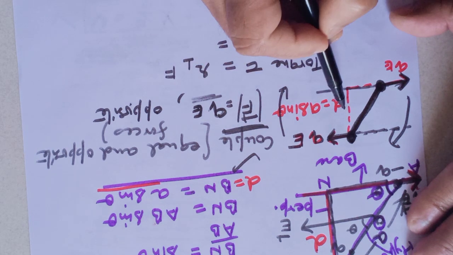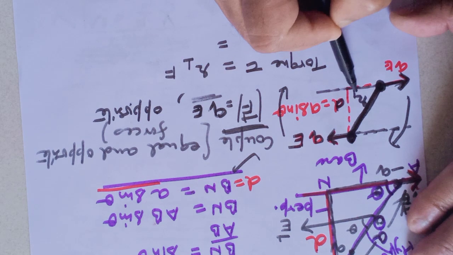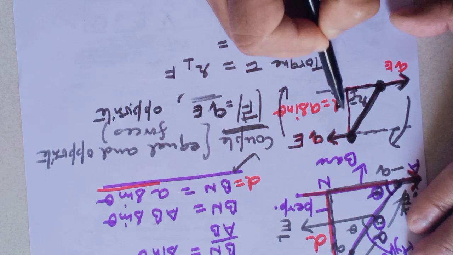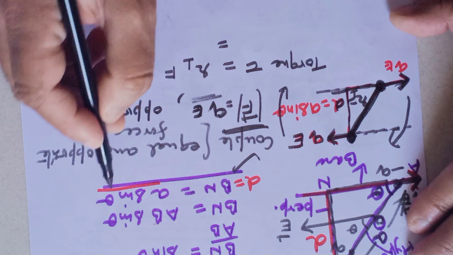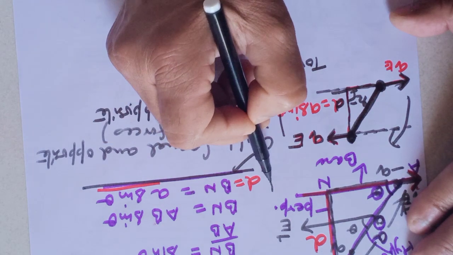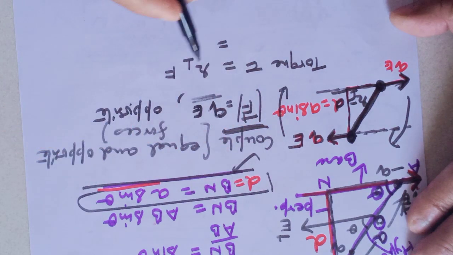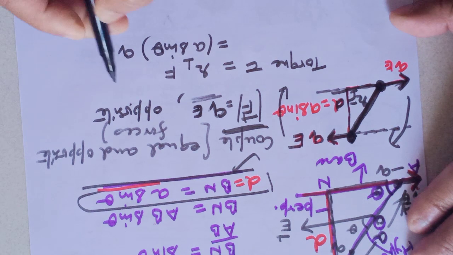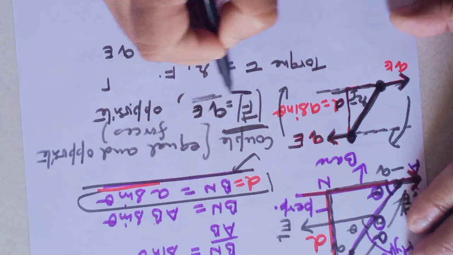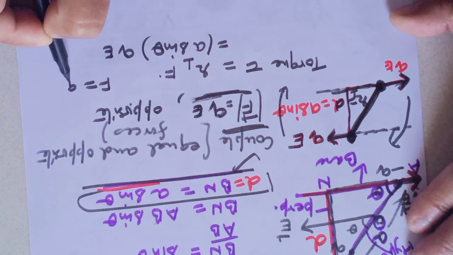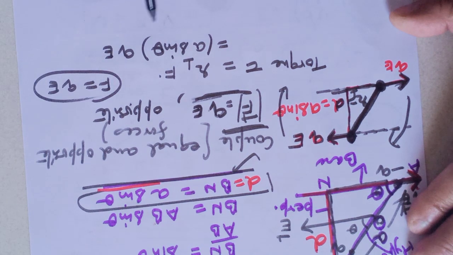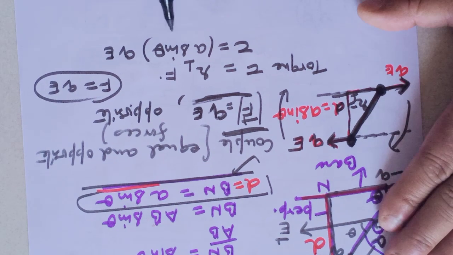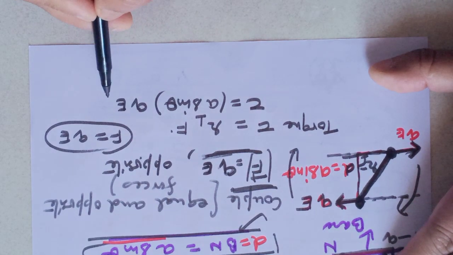So r perpendicular is D, the distance between the two forces, that is A sine theta, and F is qE in magnitude. So the torque tau comes out to be A sine theta qE.